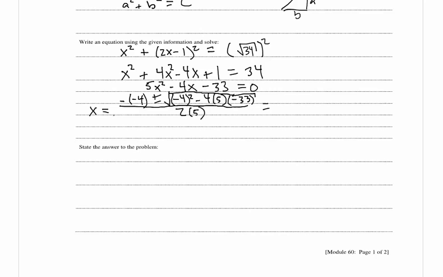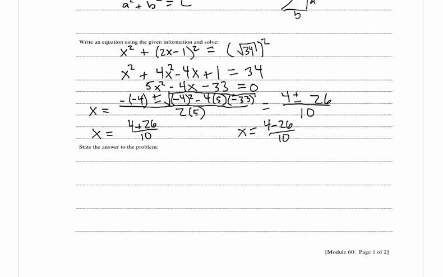And this is equal to 4 plus or minus the square root of negative 4 squared minus 4 times 5 times negative 33, which is equal to the square root of 676, which is equal to 26. So we have 4 plus or minus 26 divided by 10, which means that x is equal to 4 plus 26 over 10, or x is equal to 4 minus 26 over 10.